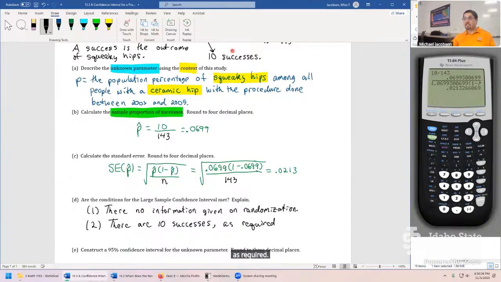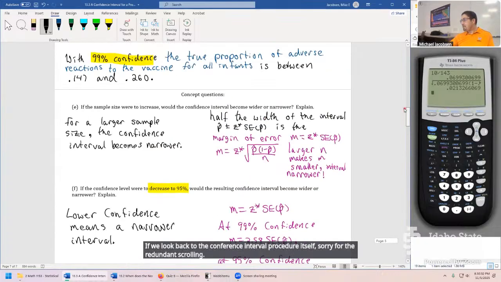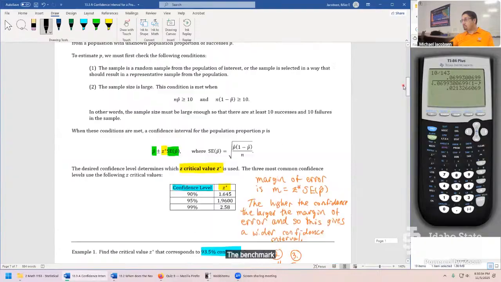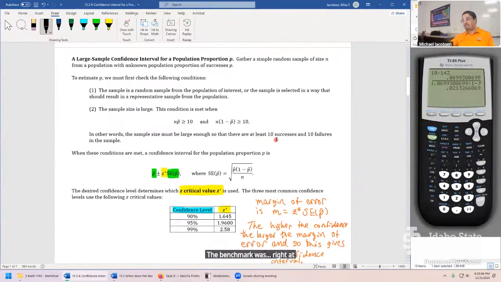What I mean by that is, if we look back to the confidence interval procedure itself, sorry for the random scrolling, the benchmark was right at exactly 10 successes. Our sample size is actually pretty small at 143 people with ceramic hips because we barely passed this. We are right on the boundary, but at least it includes equality. So we have a pass here, just barely.